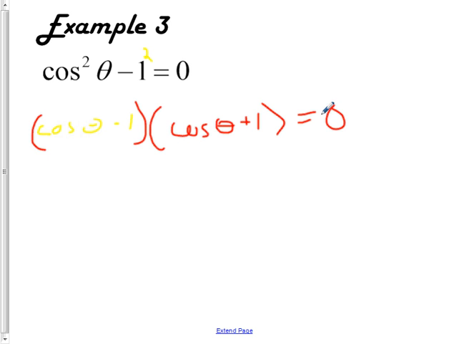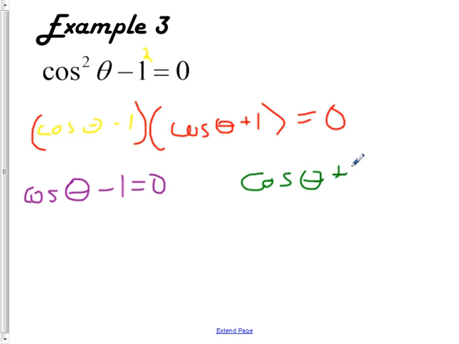When you're solving with factoring, you have to set each of these equal to 0 and solve them independently. So you'll end up with cosine of theta minus 1 equals 0, and cosine of theta plus 1 equals 0.